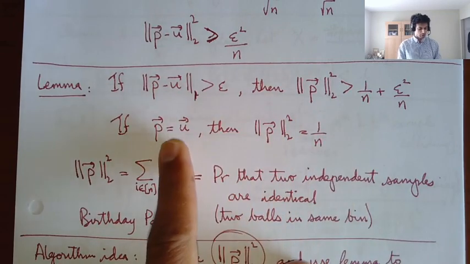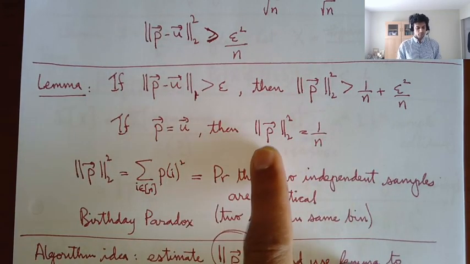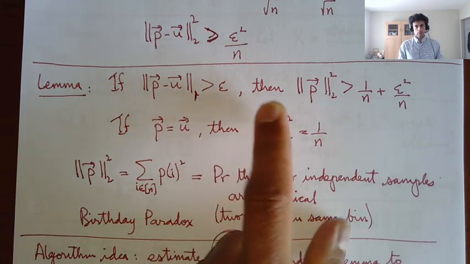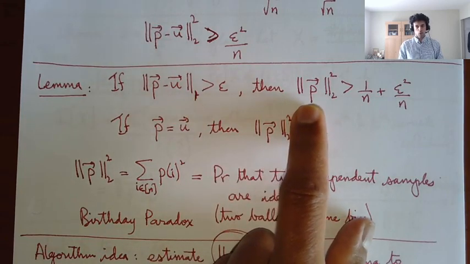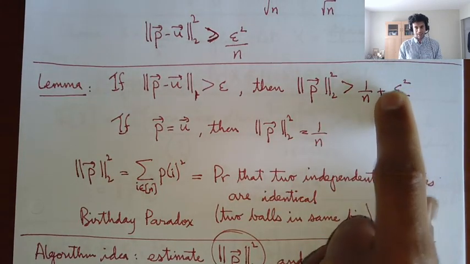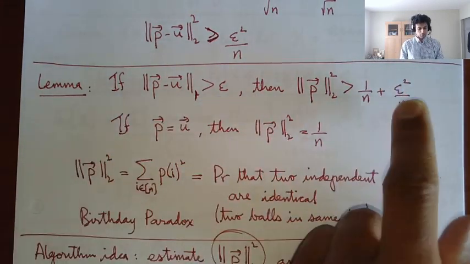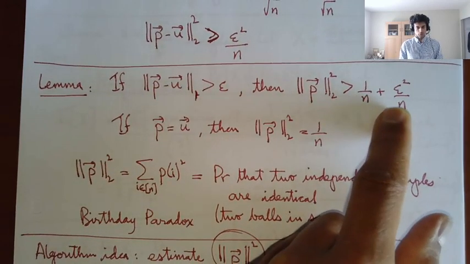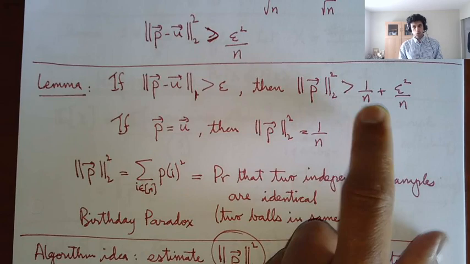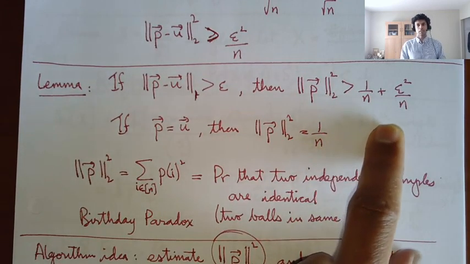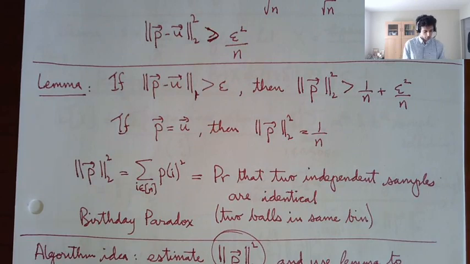Note that if the distribution was uniform, then the 2 norm squared is 1 over n. If the distance is more than epsilon, then the 2 norm squared is more than 1 over n plus epsilon square over n. So this is the gap: when your distribution is far from uniform, the 2 norm squared is at least whatever it is for the uniform plus this additional epsilon square over n.